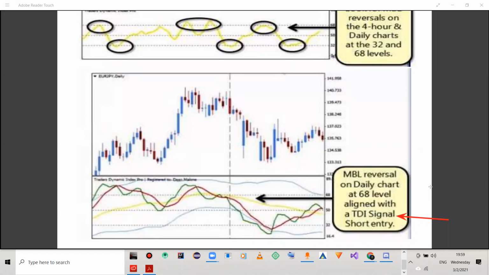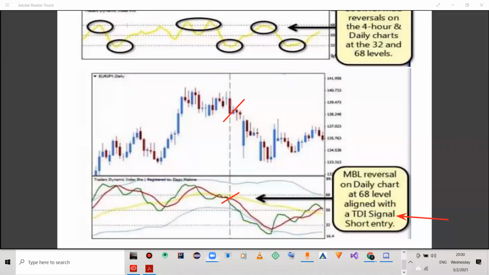The link is in the description box to understand the way you enter your trade. So after one knows where to enter, according to price, the entry will be there, and according to the TDI, the entry will be there again. After the signal crossovers and the market baseline closing back below the 68, that's where the entry will be.